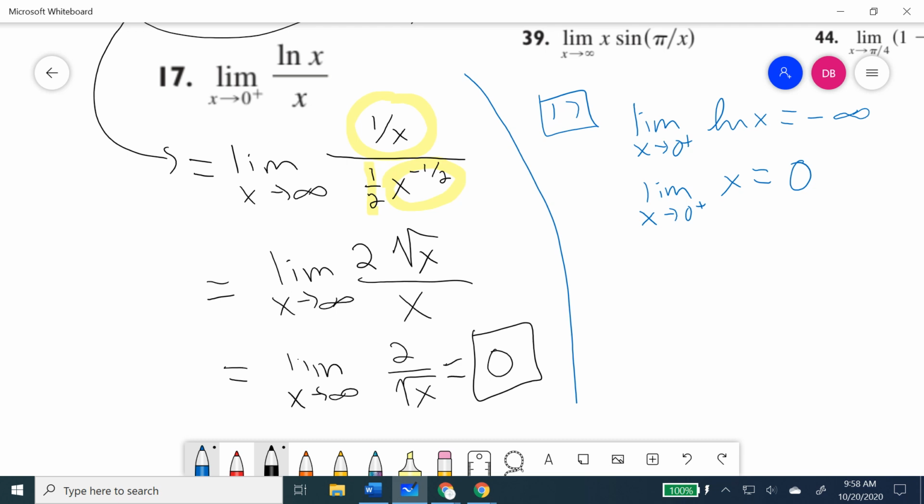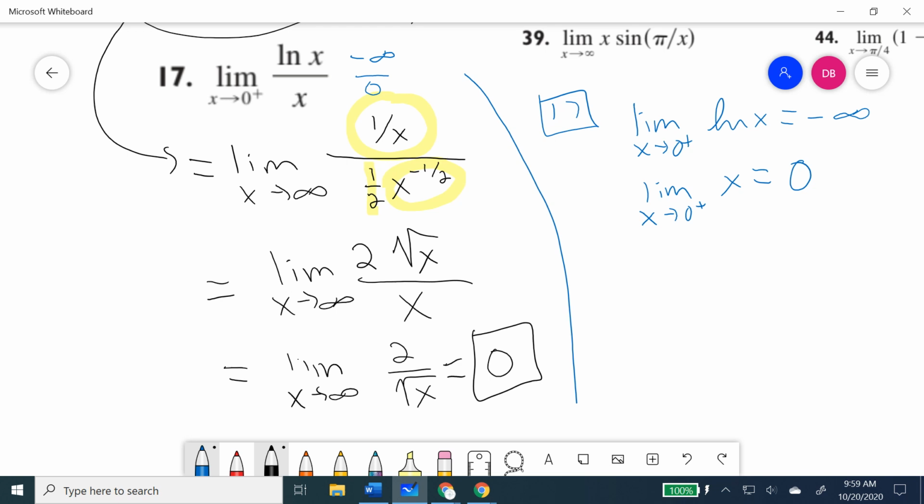That means that if my numerator is heading to infinity, whether it be positive or negative, while my denominator is heading to 0, what does that mean the fraction is heading to? Infinity. It's almost like saying double infinity.